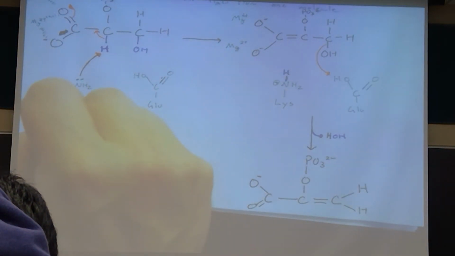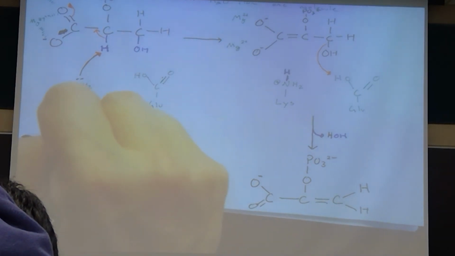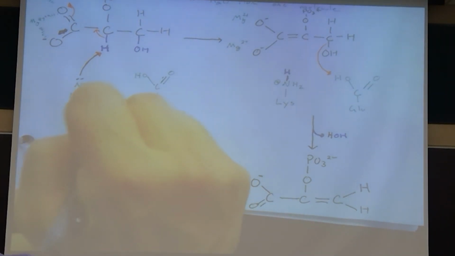So a few points about this mechanism. Lysine acts as a general base to abstract a proton to initiate this reaction. Hopefully you can see the role of magnesium. Cations stabilize the enolate intermediate.